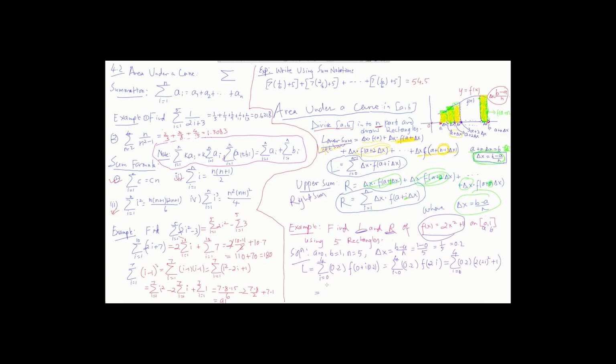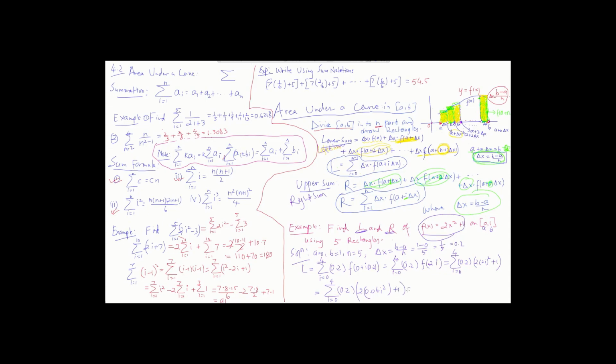So let's simplify. Summation, i runs from 0 to 4, 0.2 times. How much is 2 times 0.2i times 0.2i? It will be 2 times 0.04 i squared, because 0.2 times 0.2 is 0.04, and i squared. And then plus 1.